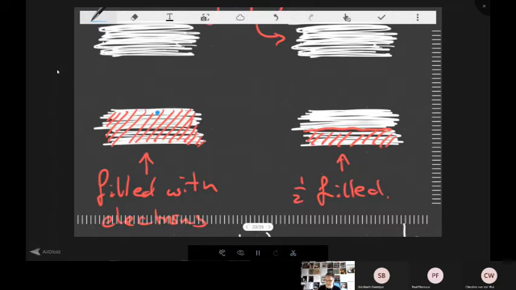Now, that gives us a problem, because this band is filled with electrons. If that's the amount of energy, remember what happens when an electron is accelerated by a voltage.